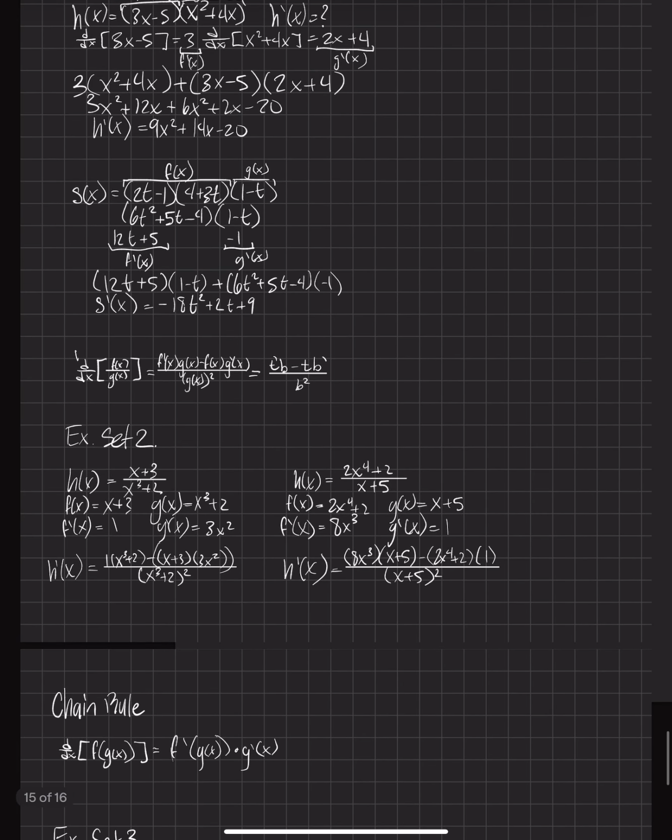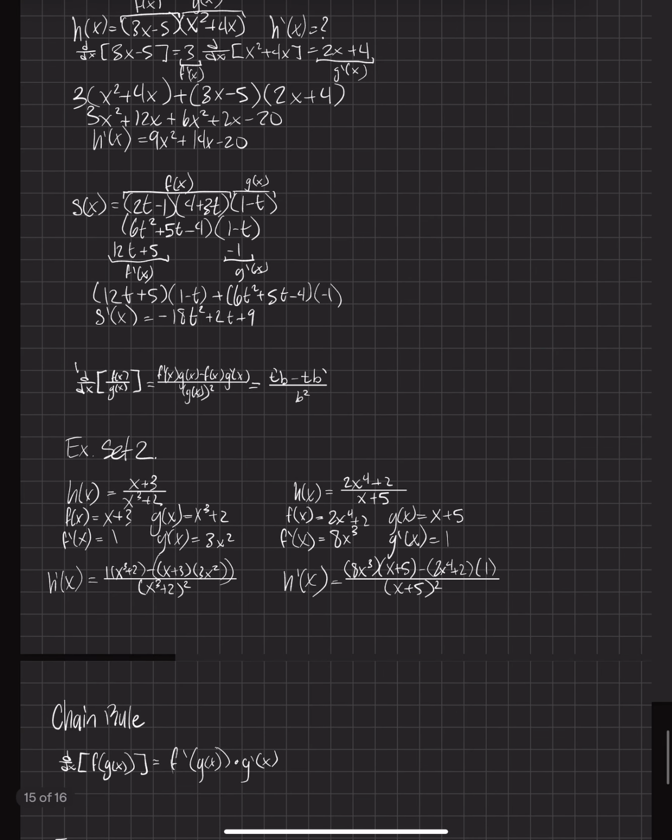And then we also went over the quotient rule, where we were able to say if we want to find the derivative of, say, some fraction, right? We're able to set the top one, let's say it's f of x, and the bottom one is g of x. What our quotient rule is going to tell us is that the derivative of that is going to be f prime of x multiplied by g of x minus f of x multiplied by g prime of x, all divided by g of x squared.